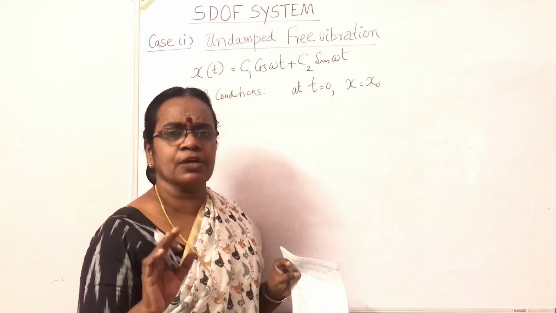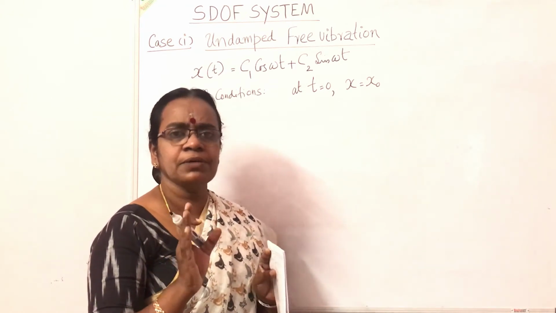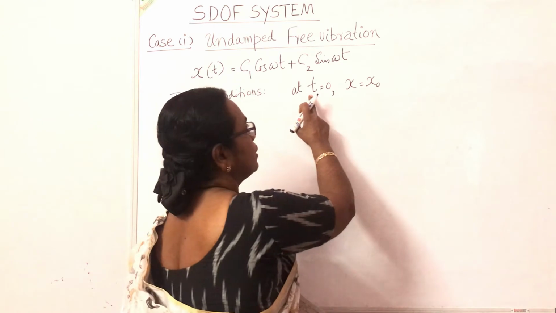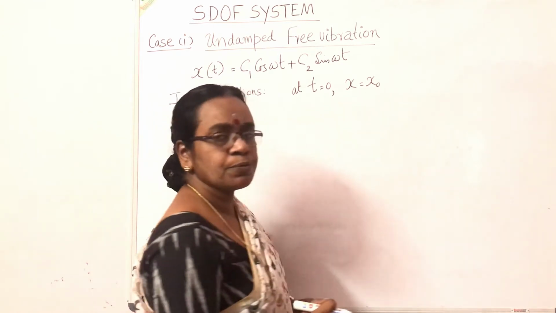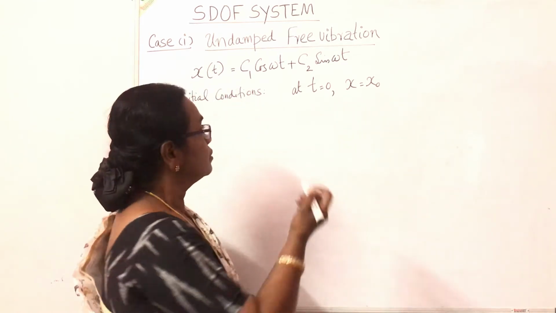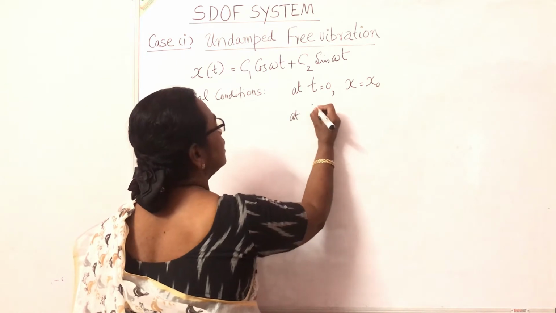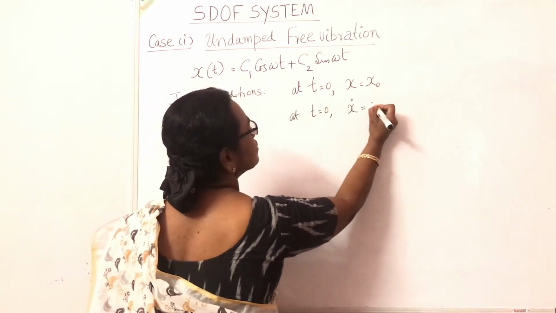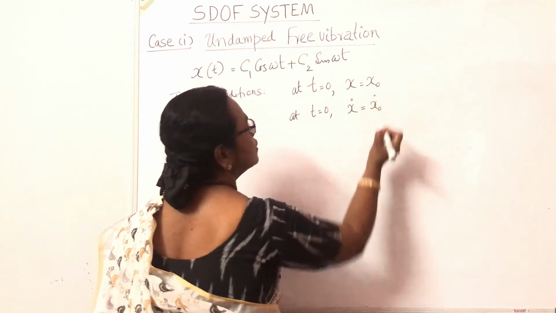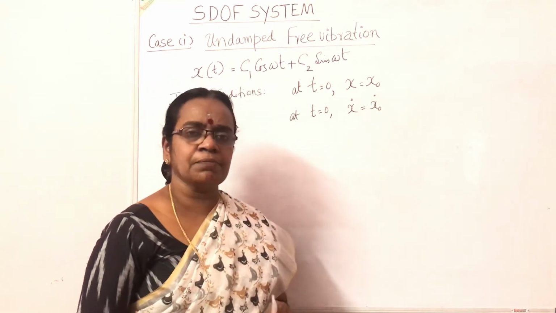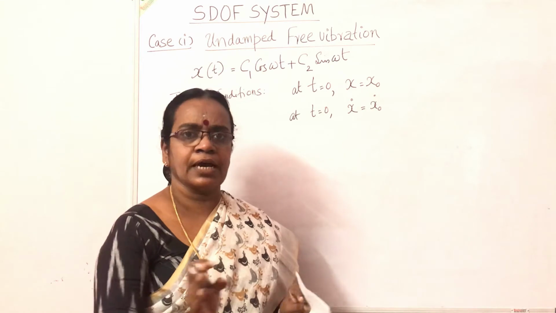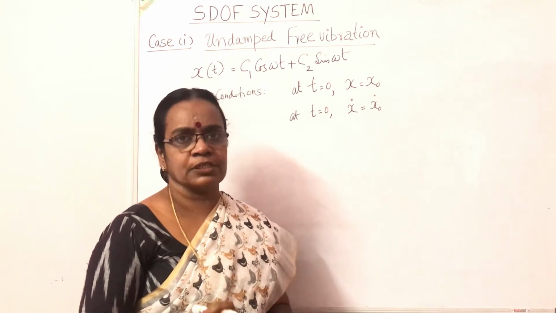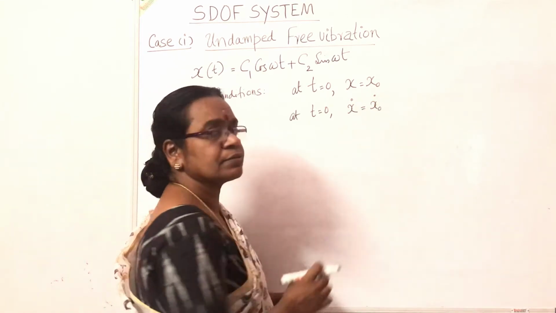Instead of assuming 0, we assume there is some initial value. Similarly, at time t is equal to 0, x dash, the initial velocity, is x0 dash. That is, the system starts with some initial displacement and initial velocity. The numerical values are x0 and x0 dash.